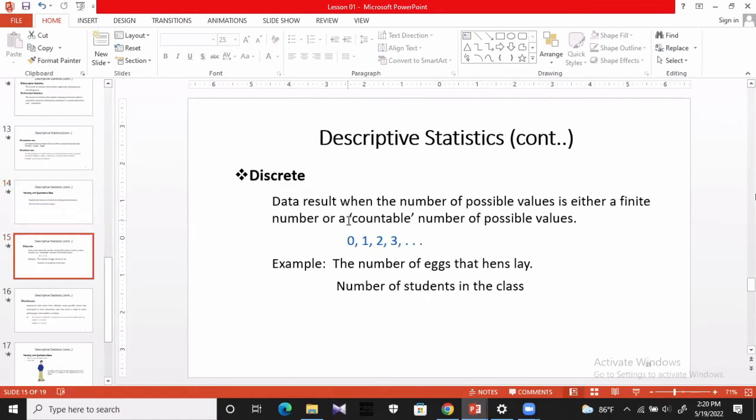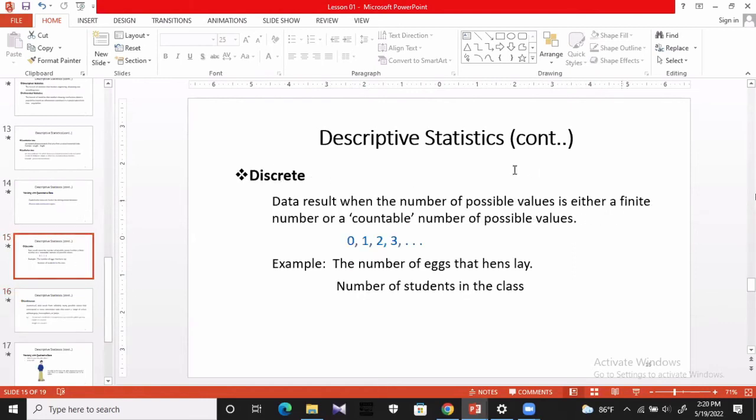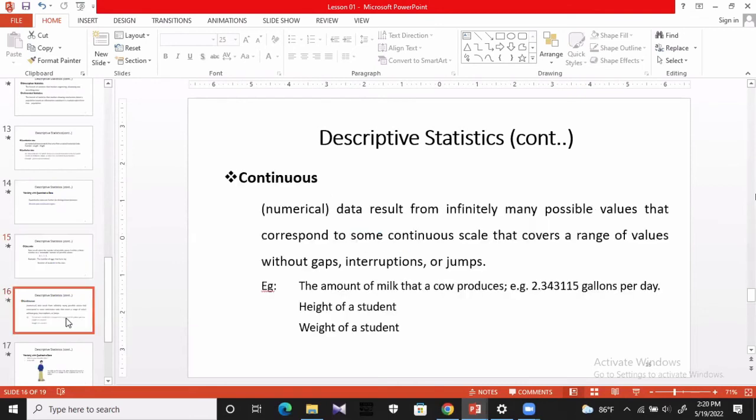Discrete data is finite or countable. Continuous data is infinite and uncountable: there are infinitely many possible values between two values in a range.